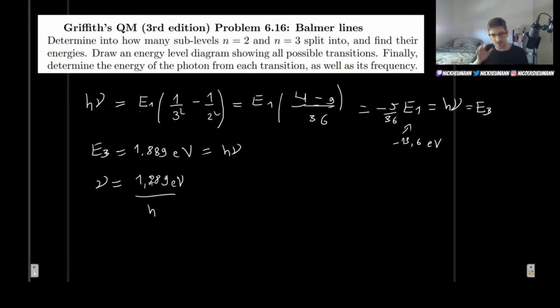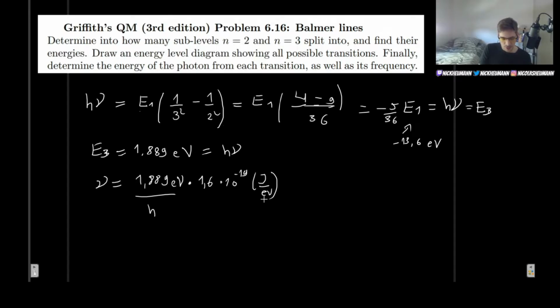It doesn't matter. Just use whatever makes you happy. I'm going to transform the electron volts into joules, and that's easier for me. So I'm going to have to multiply this by 1.6 times 10 to the minus 19 joules per electron volt. All right.